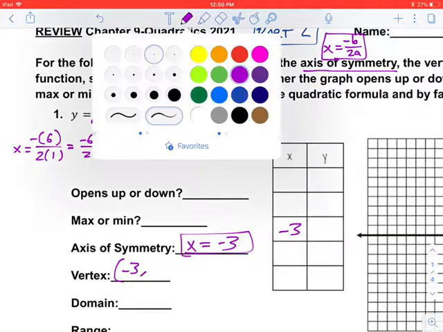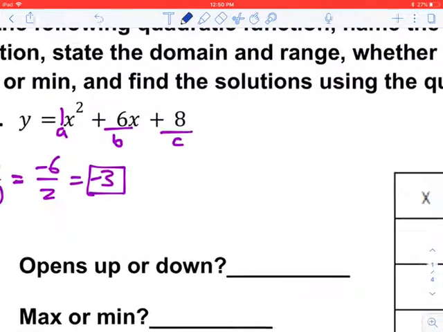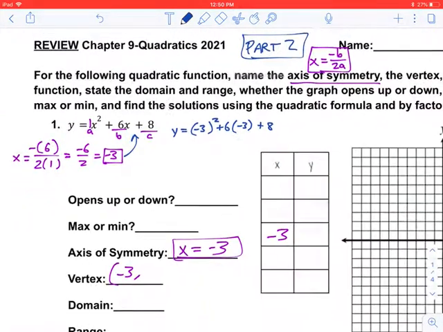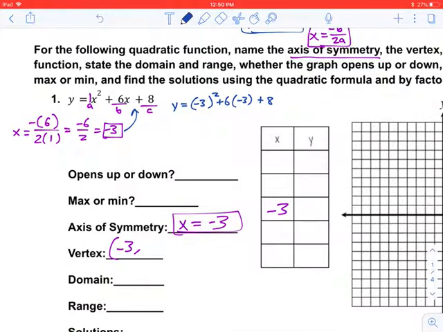So I'm going to plug that into our equation in order to find it. So y equals blank squared. So that's negative 3 squared plus 6 times negative 3 plus 8. And so when I plug that in, I'm using my calculator to type that in.